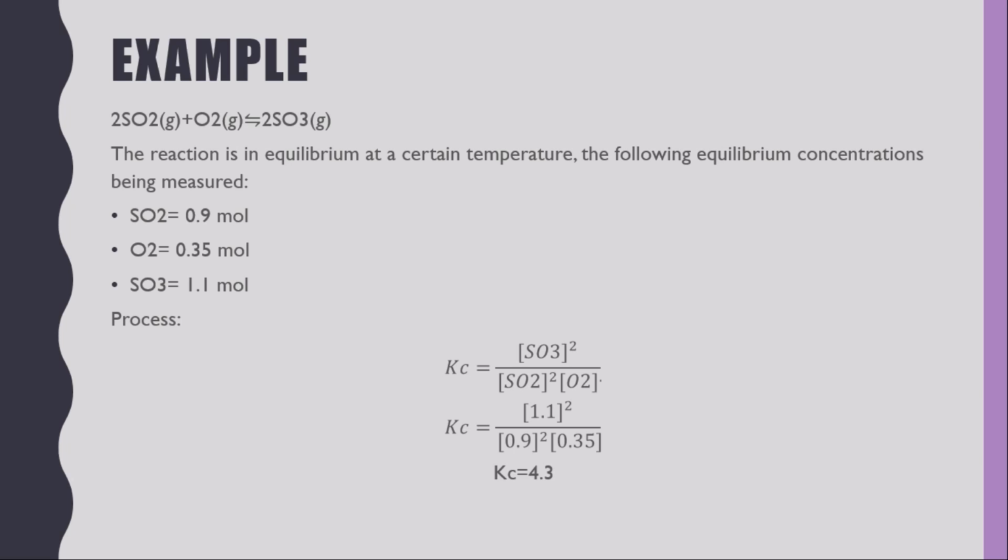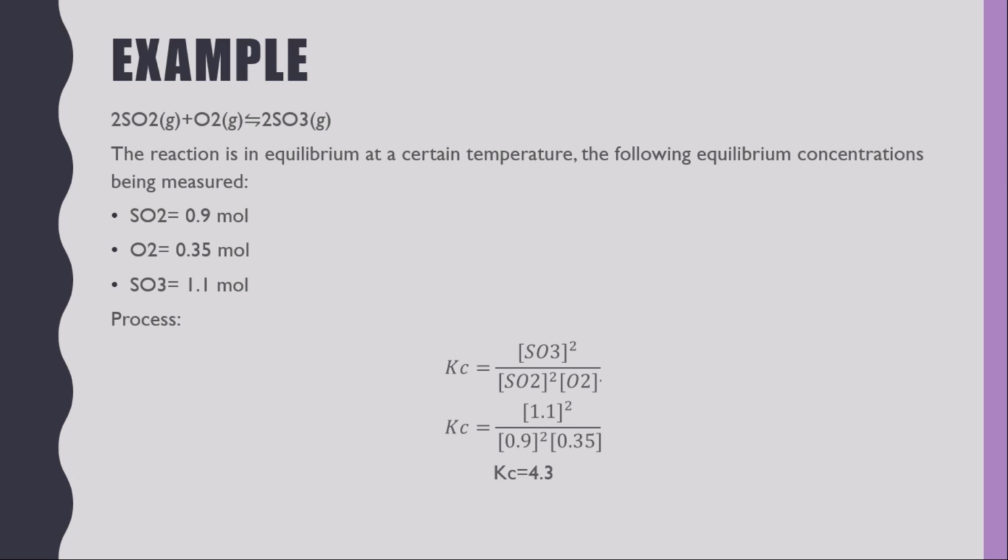The following equilibrium concentrations were measured: sulfur dioxide 0.9 mol, oxygen 0.35 mol, and sulfur trioxide 1.1 mol. We can calculate with the next expression, putting in the value in moles for each one. The result is that the constant is equal to 4.3.